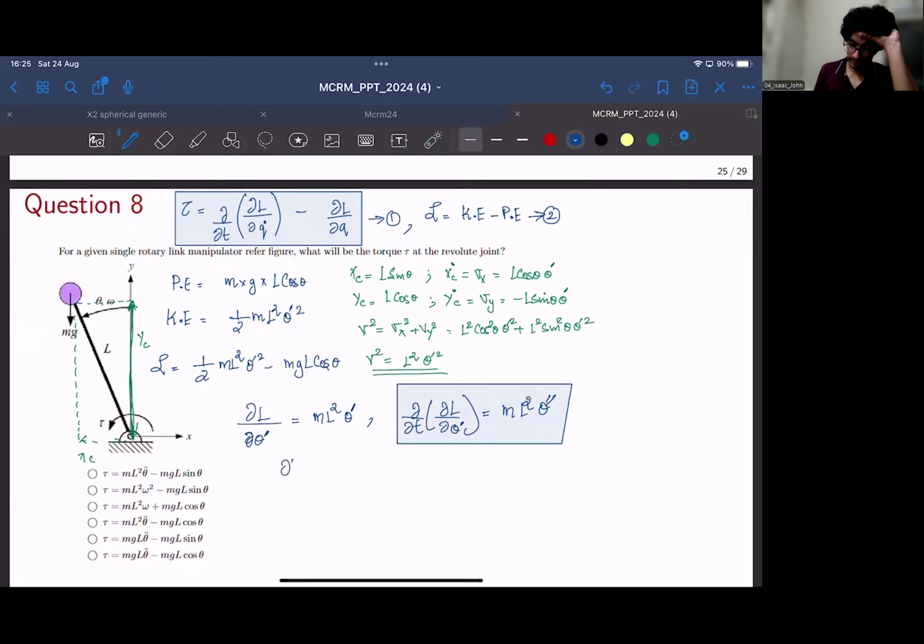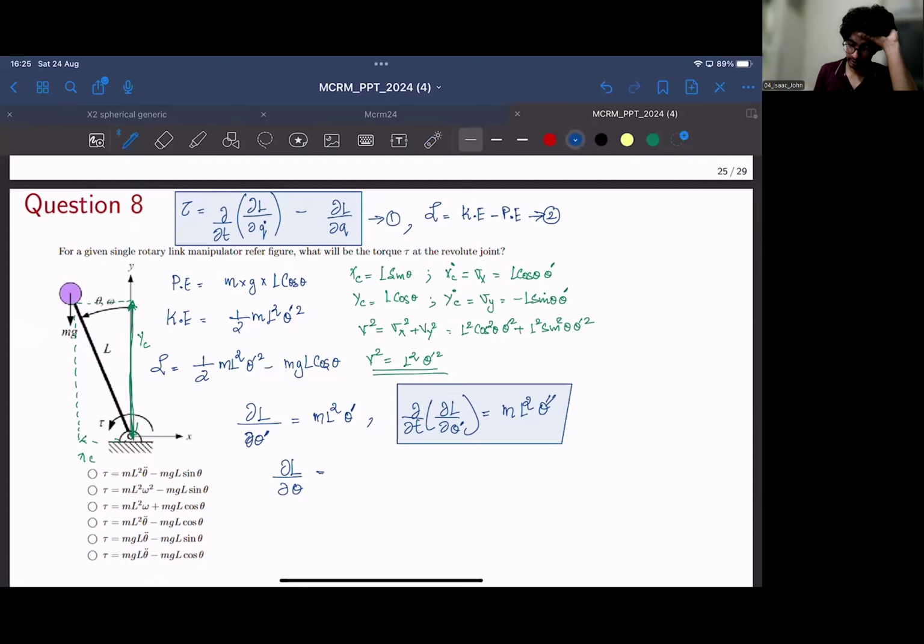Then what about dou L by dou Q? If you take the partial derivative of this equation with respect to theta, instead of Q, I'll use theta. This term gets cancelled because it does not have any theta term. This term has a theta term, and you also have a minus sign here.